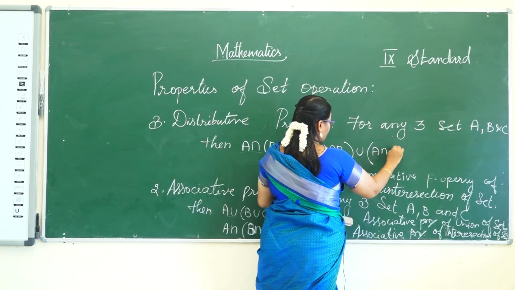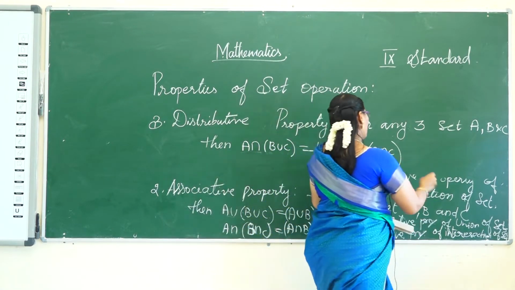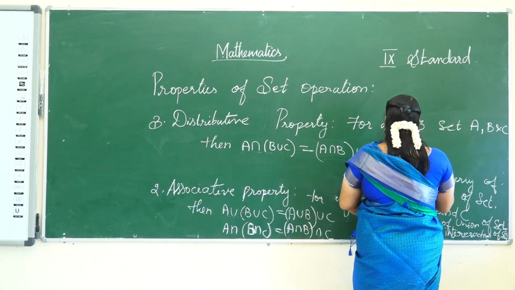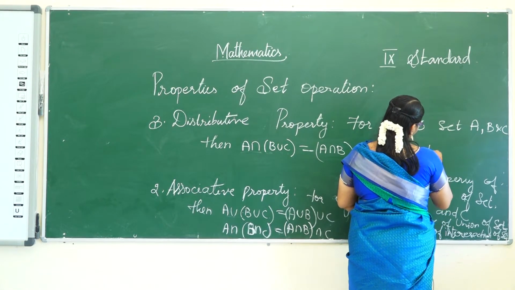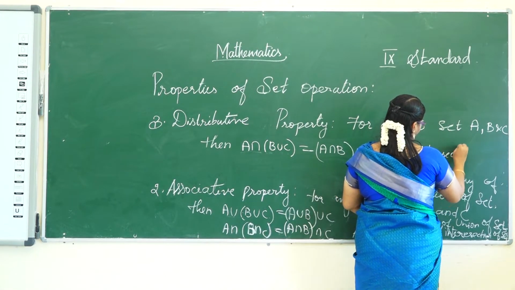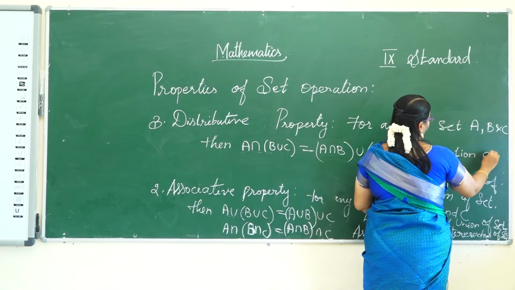So this is the distributive property of intersection over union.